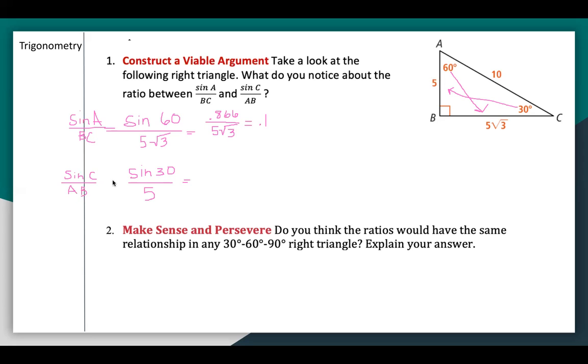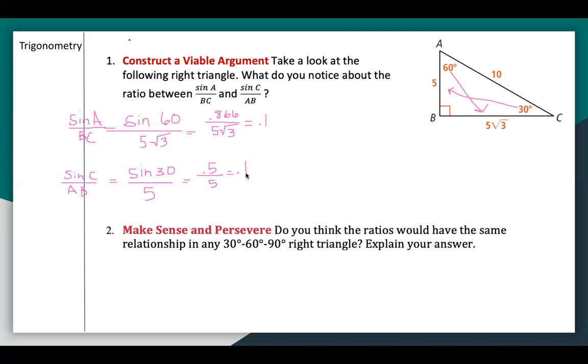The sine of C again was the sine of 30. So what's the sine of 30 here? Well, the sine of 30 is 0.5. And I'm dividing by AB, which is 5. And what we'll find out here is 0.5 divided by 5 is again 0.1. And we got these to be equal to each other.